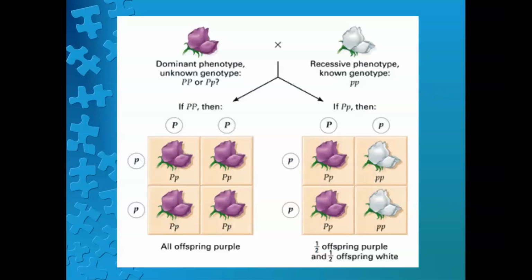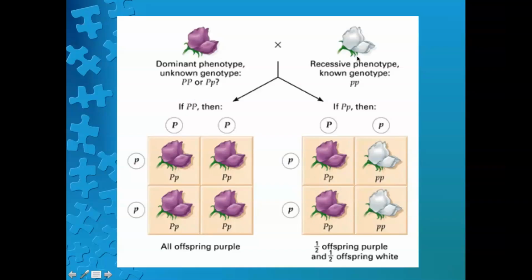So how does it work? Here's an example going back to Mendel's pea plants. If I look at this parent, it's purple. Purple's dominant, so they can be homozygous dominant or heterozygous. I'm going to mate that questionable dominant parent with a recessive one. In order to be recessive, you have to have two lowercase letters. We mate these two individuals together and look at what happens in their offspring.